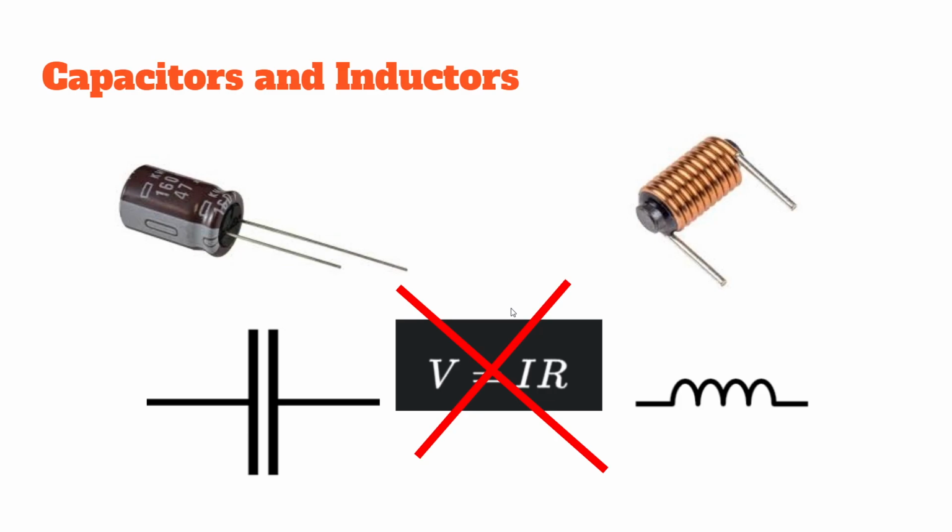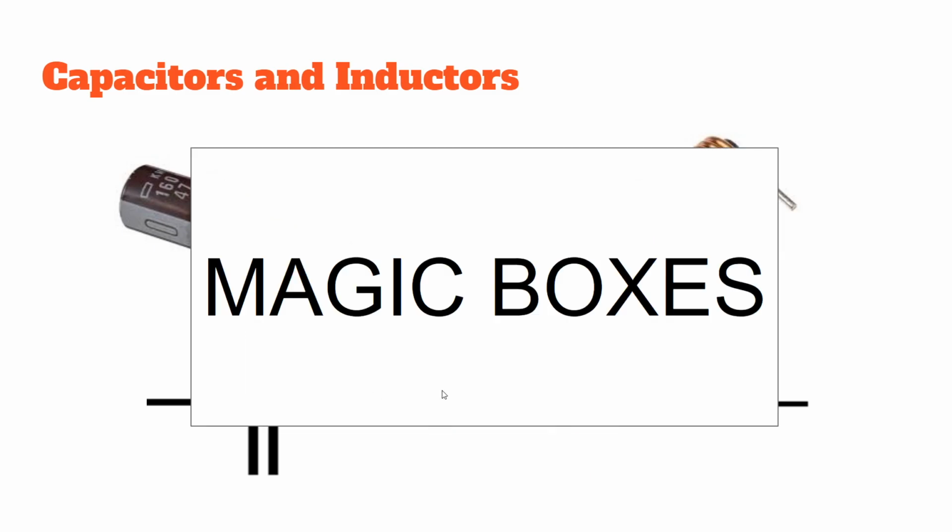Integrals. Integrals, that's the opposite of derivative. Integrals of each other. And we aren't going to do any of those calculations because it's just gross. So for now, we can think of them as magic boxes.